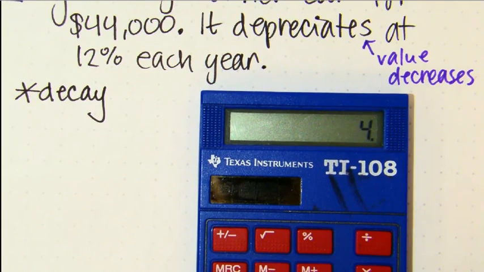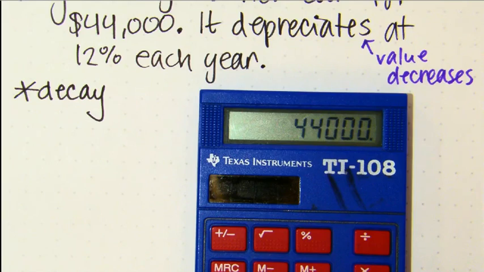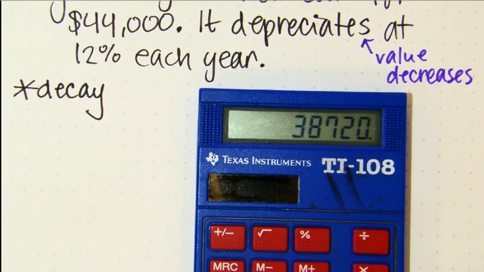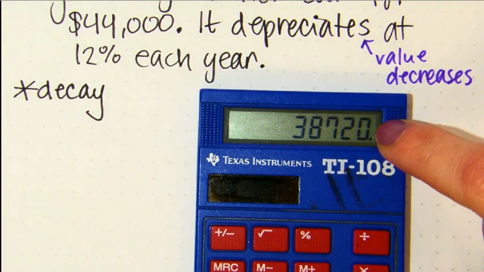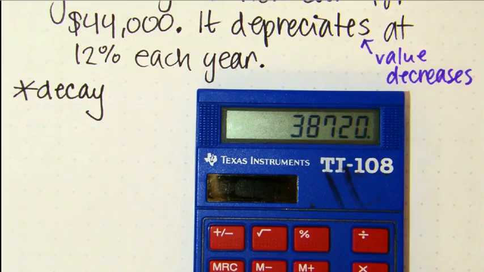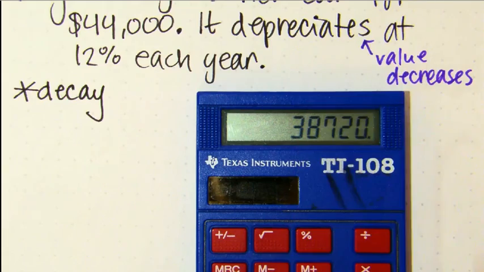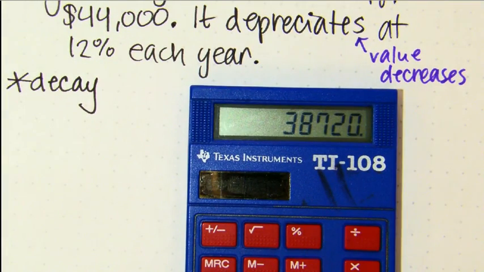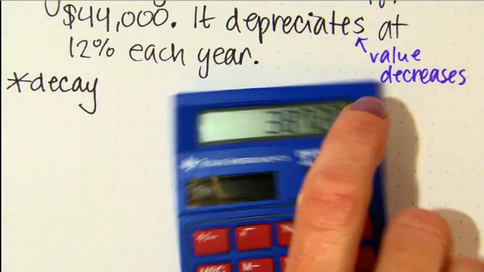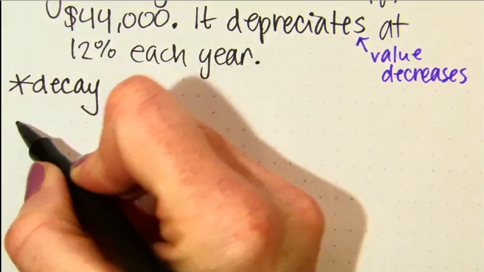So if I took the 44,000 times 88%, I get 38,720. So this is actually what the car is worth the next year. The formula is so nice because the 1 minus the rate is already included. So you'll see in a second that 88% happens.